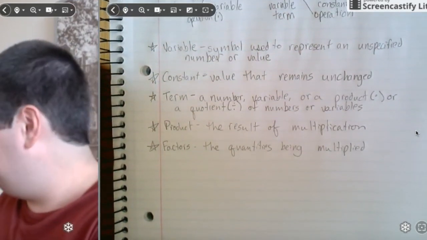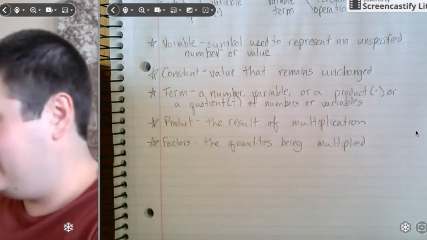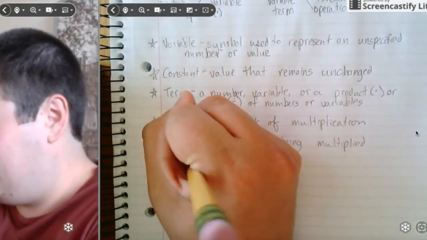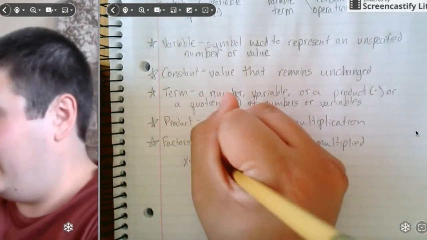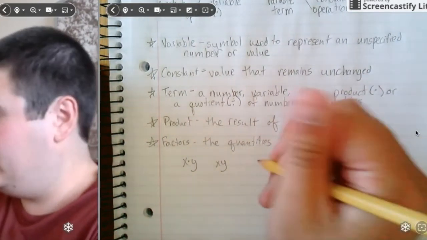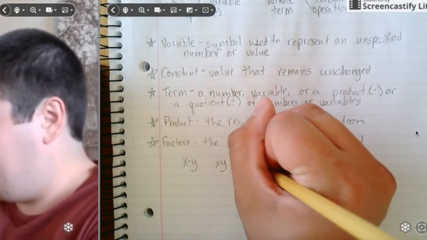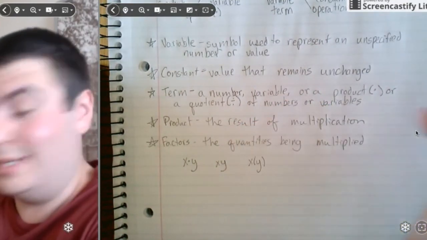So the way this can look really quickly, there's several ways to write a product. So we could write x times y. We could write xy and hide that multiplication dot. We could write x times the quantity y, the quantity we put in parentheses.